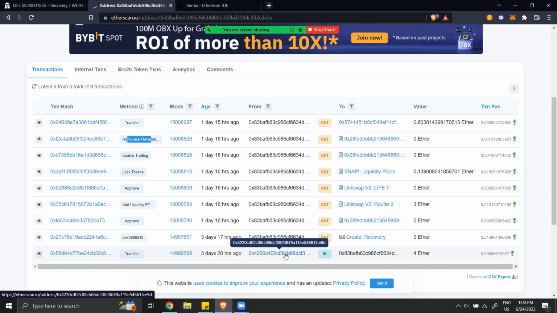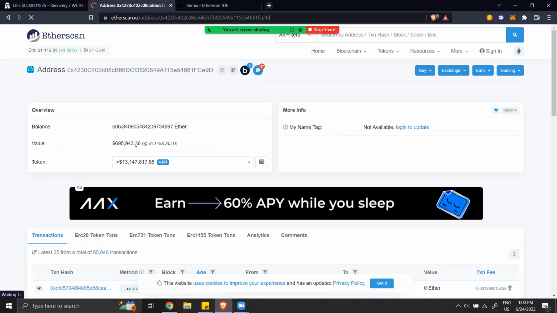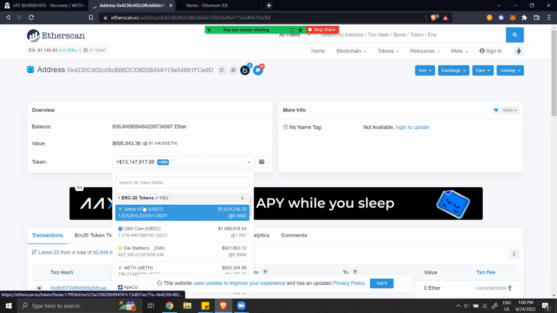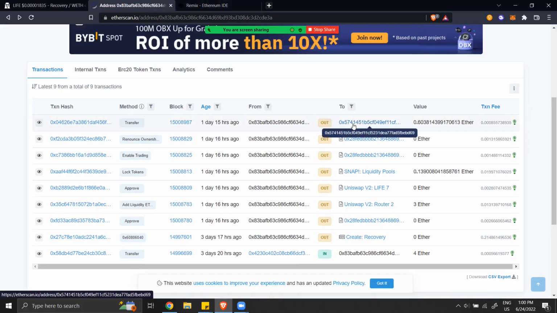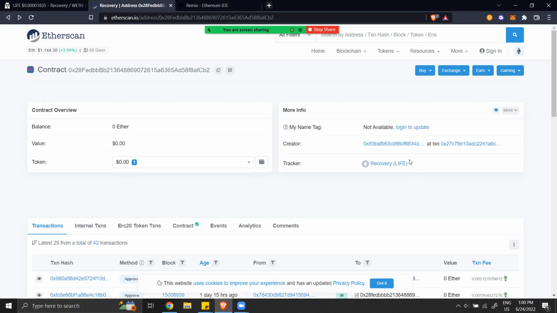It's an address ending with E9D. Okay, and it has a lot of Ether and other ERC20 tokens, a lot of transactions. Okay, and we will have a look now at the marketing wallet behavior.